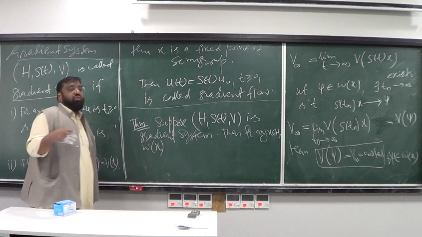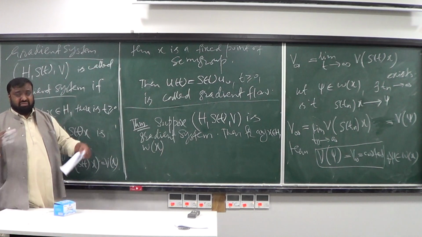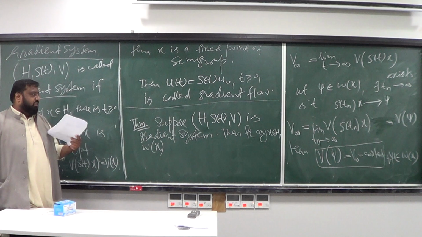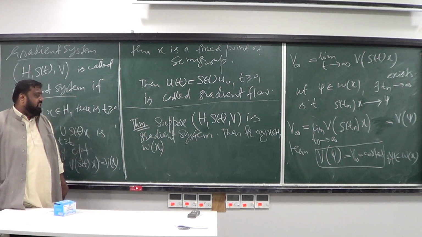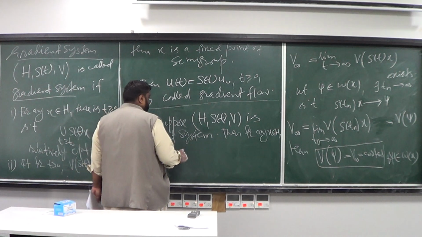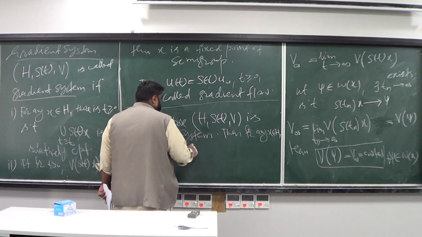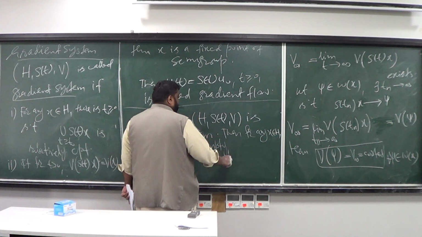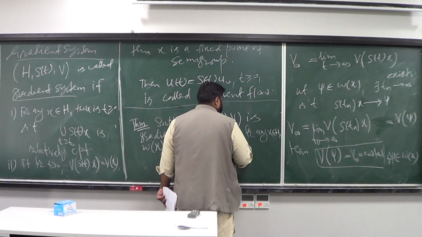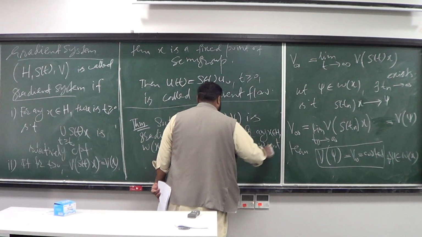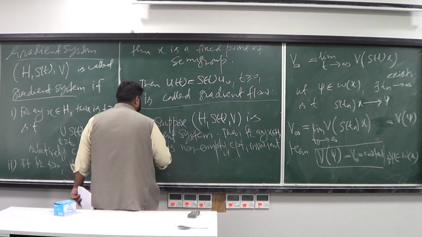In other words, for any given initial condition, if you want to interpret it from the perspective of evolution equations, for any given initial condition, its omega limit set is non-empty. Okay, it's non-empty, it's compact, it's invariant, and connected.